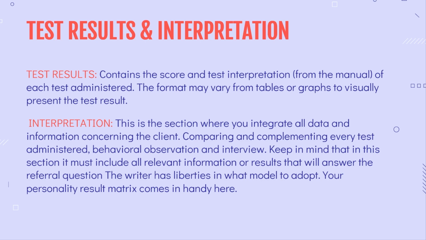Your personality result matrix may come handy here. Later on, when we do our psych report writing demonstration, I'm going to teach you how to use the personality result matrix, so that you can have a guide on how to integrate the data.